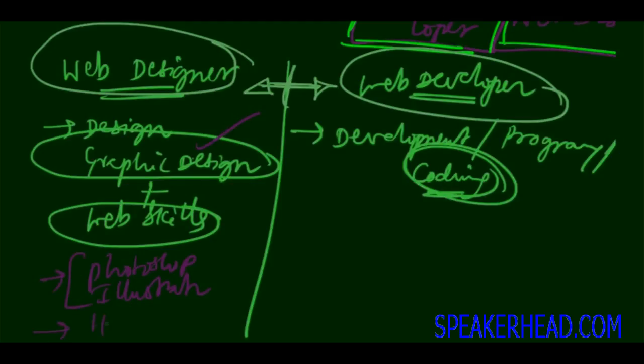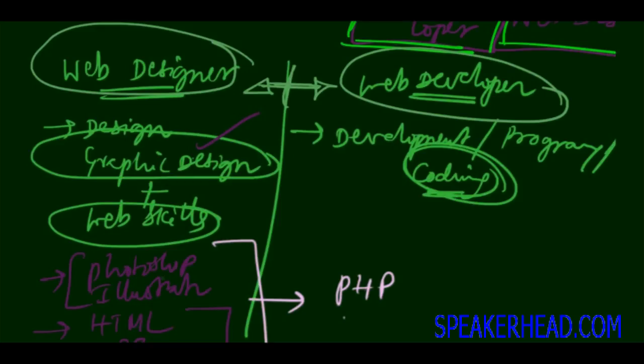Then HTML, CSS, JavaScript. These are the fundamental skills for a web designer. If you want to become a good web developer, along with these things you need to know PHP, Java.